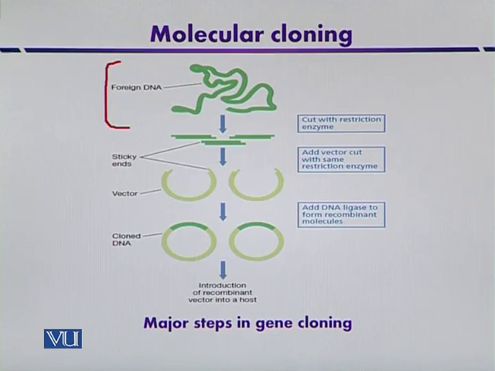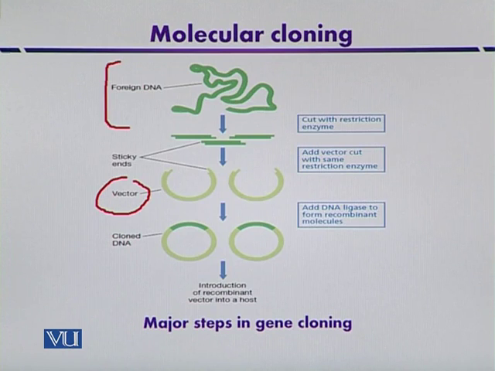It will be fragmented by using restriction enzyme, and then after its digestion into different fragments, the vector, which is a suitable cloning vehicle, which may be a plasmid, is also digested with the same restriction enzyme that we used for foreign DNA, and here it produces sticky ends, that is single strands of DNA with double helix.